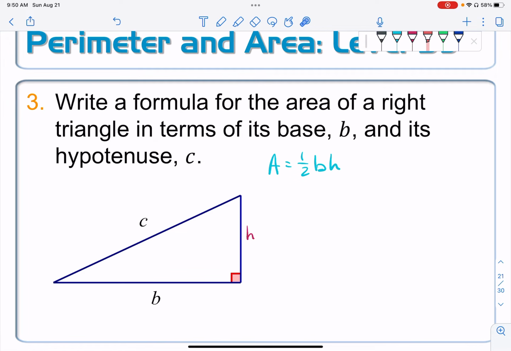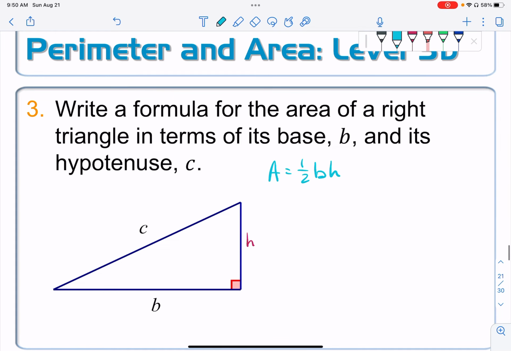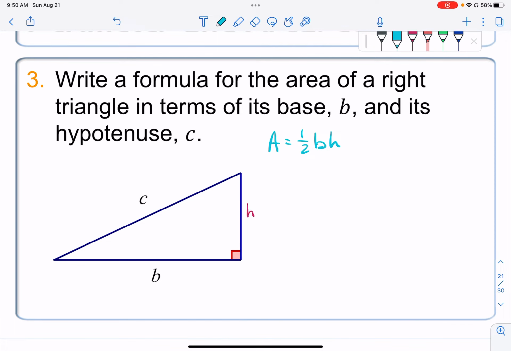What is an equation that relates the side lengths of any right triangle? That is the good old Pythagorean theorem. So the Pythagorean theorem for this triangle would be c squared is equal to a squared plus b squared, but our a is essentially this h that's right here, h squared plus b squared.